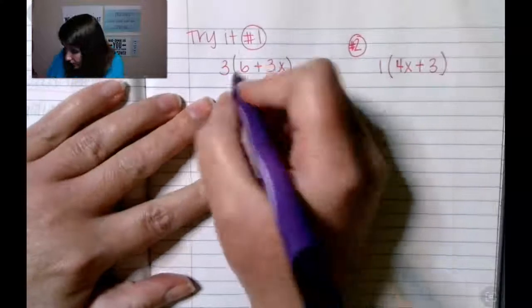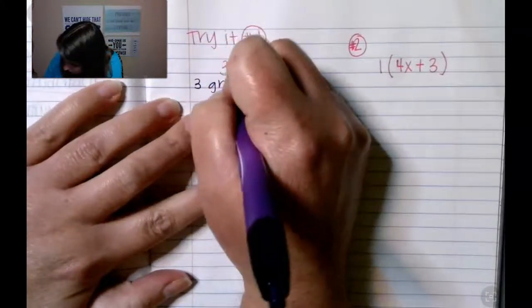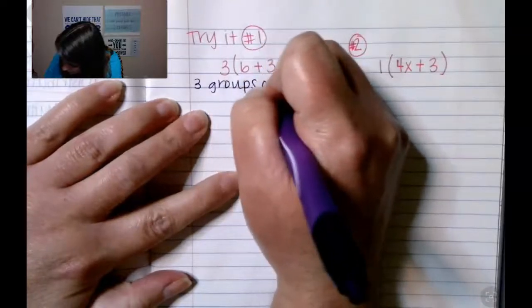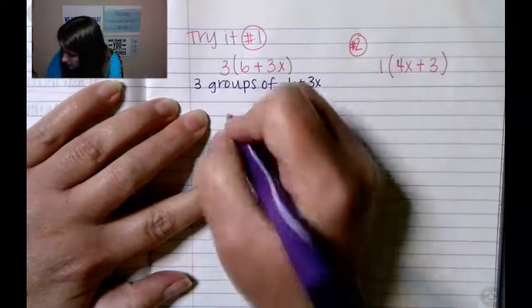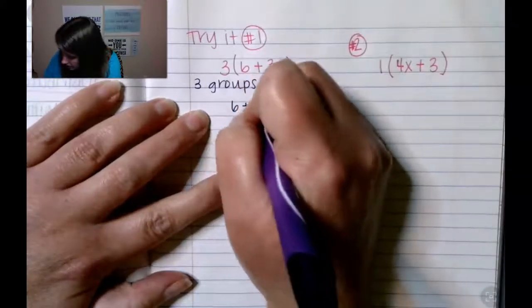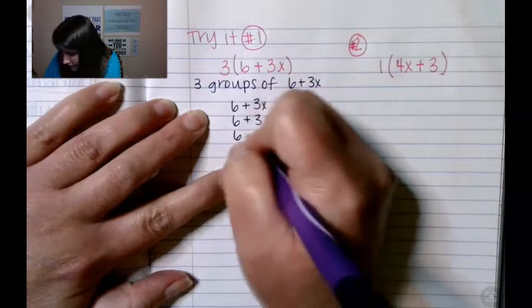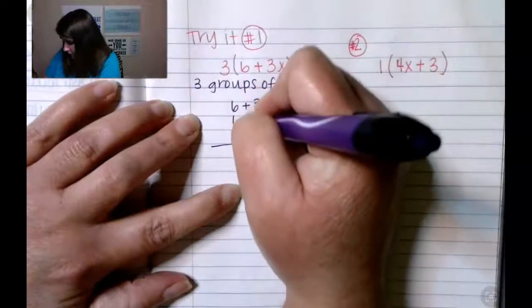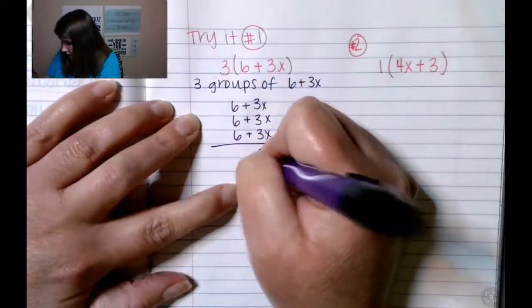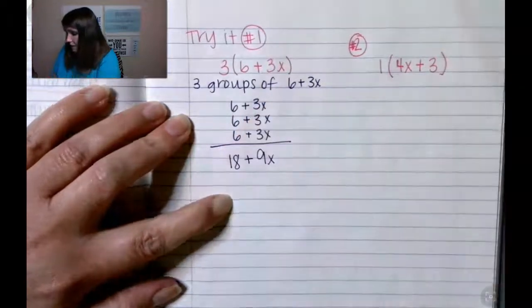Okay, the first one, I have 3 groups of 6 plus 3x. So this looks like 6 plus 3x, 6 plus 3x, and 6 plus 3x. Or I have 9x and I have 18.